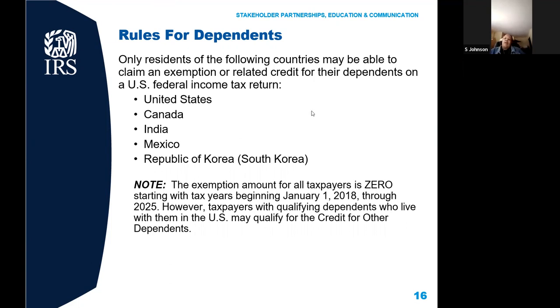This exemption amount for all taxpayers is 0, starting with the years that I talked about, January 2018 through 2025. However, a taxpayer with qualifying dependents who live with them in the U.S. may qualify for the credit for other dependents. And that's going back to it's not refundable. So it's $500 per person, but it's not refundable.